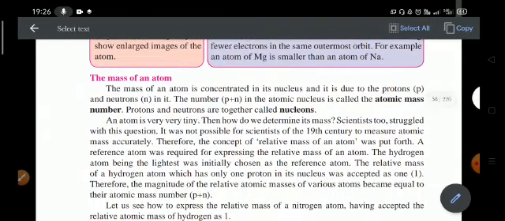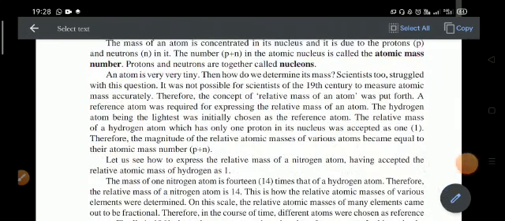An atom is very, very tiny. Then how do we determine its mass? Scientists too struggled with this question. It was not possible for scientists of the 19th century to measure atomic mass accurately. Therefore, the concept of relative mass of an atom was put forth. The reference was chosen as the hydrogen atom, being lightest in weight. The relative mass of a hydrogen atom, which has only one proton in its nucleus, was accepted as 1.